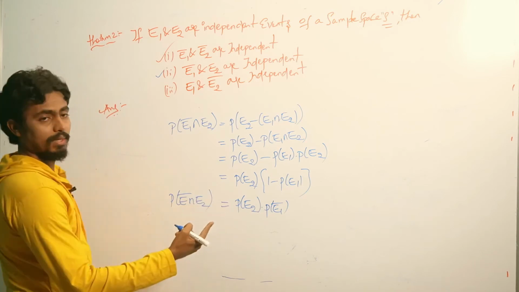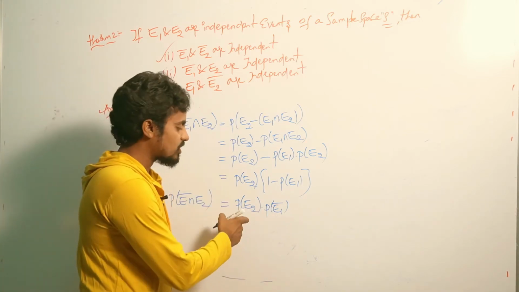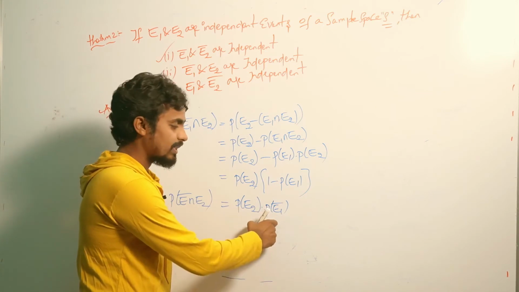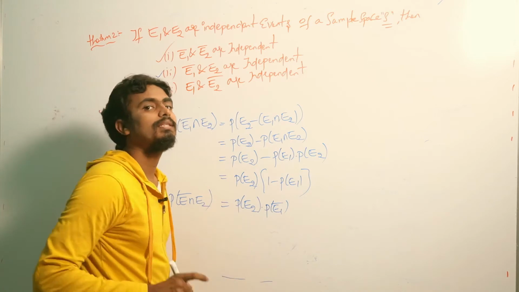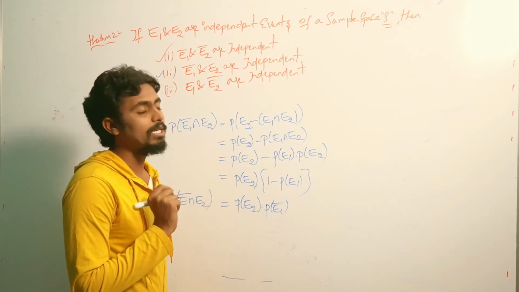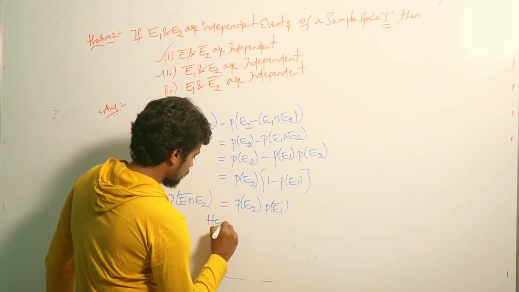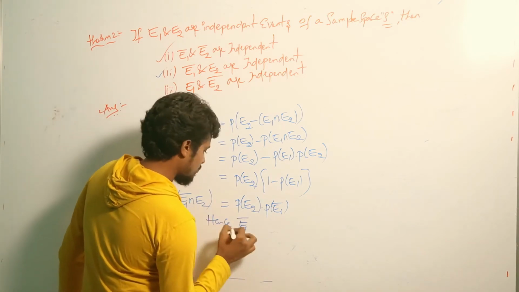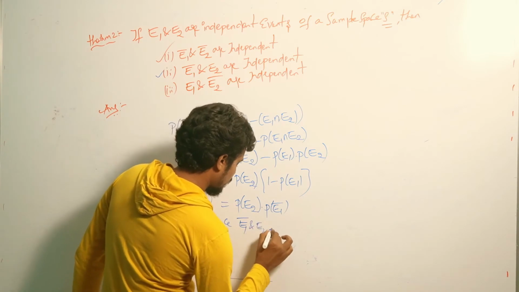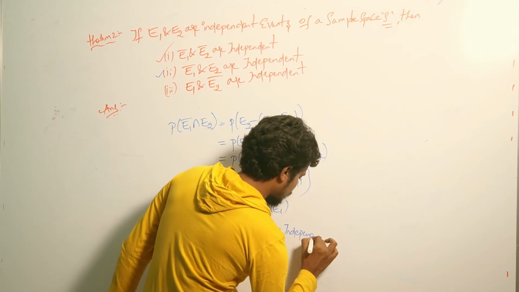Here you can see clearly, one variable will not affect the other variable; one will be in the normal form and the other in the complement form. Hence this is independent events. Hence, E1 bar and E2 are independent events.